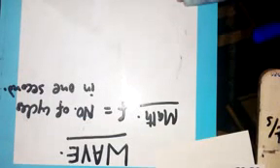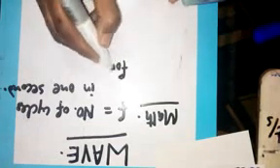Sometimes you'll be given a time which is more than 1 second. For more than 1 second, how can we calculate frequency if the time given is more than 1 second? It is simple.